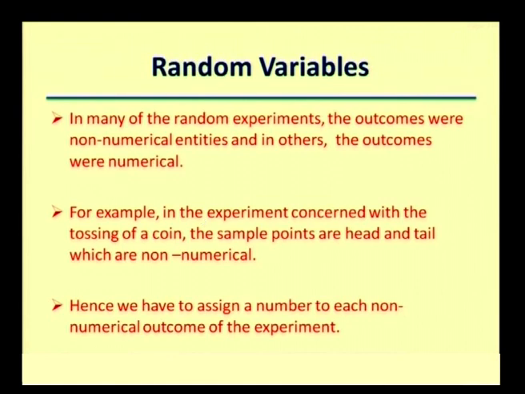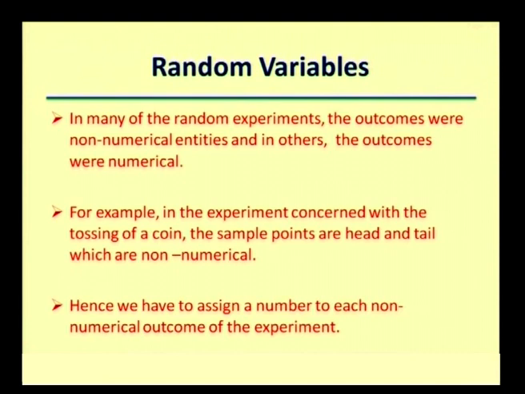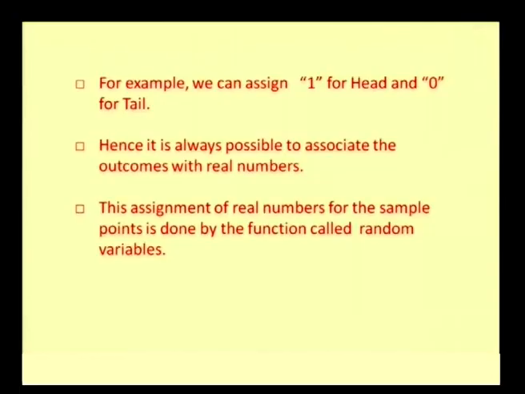If a coin is tossed, all of us know the sample space is head and tail, shortly represented as H and T. These H and T are alphabets, which are non-numerical. Hence, we have to assign a number to this non-numerical outcome of the experiment. We may assign 1 for the outcome head and 0 for the outcome tail.